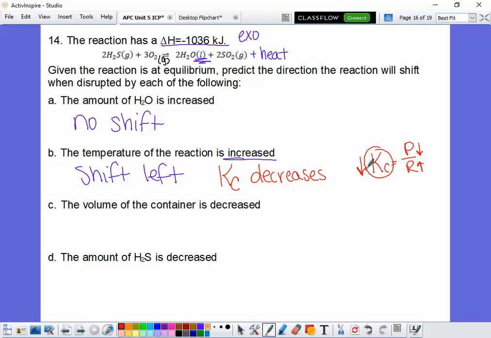Okay? All right. What if we were to change the volume of the container? What substances do we care about when we're changing volume or pressure? Gases, because gases are influenced by volume and pressure changes. How does volume and pressure relate?